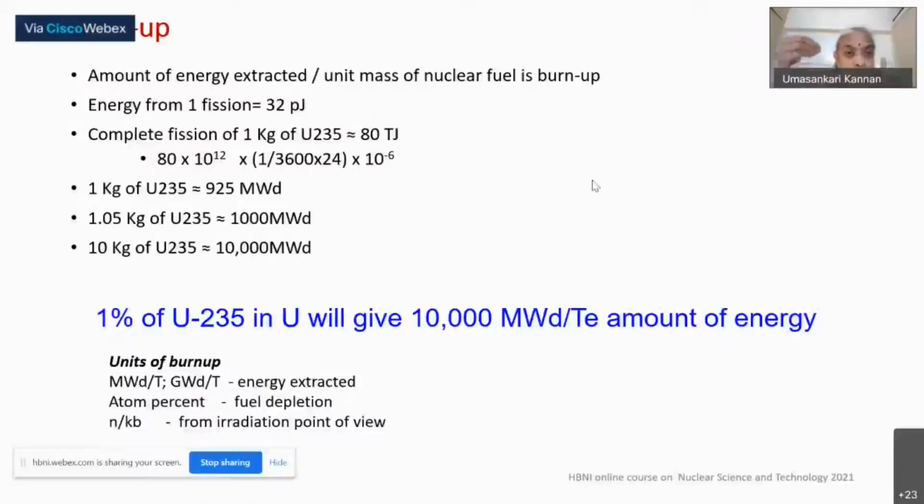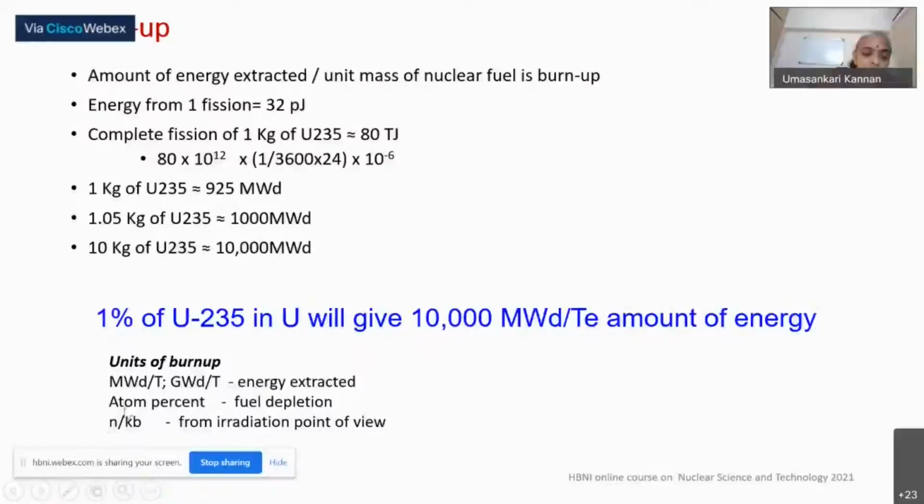So which means 5 kg of uranium-235 has burnt or depleted. So the atom percent can be calculated as 5% depletion. So this atom percent is another way of giving the fuel burn-up, the amount of fuel which has been used up to produce that particular energy.